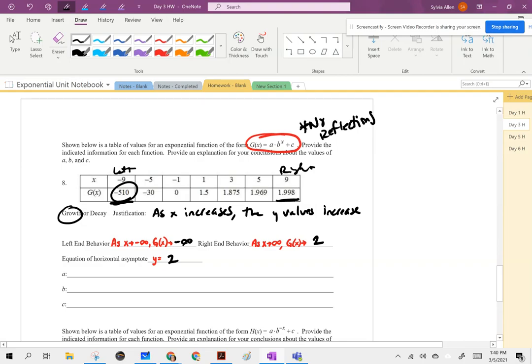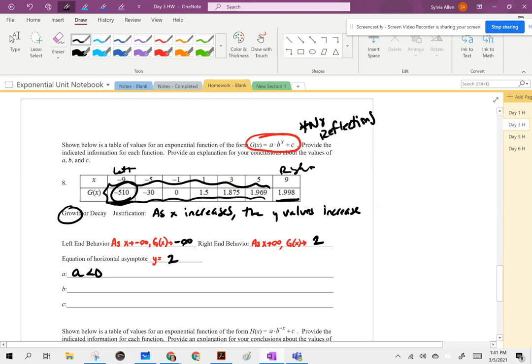All right, so we have to take a look and see, are all of these y values, okay, we're trying to determine what the value of A is. Is it positive or negative? So if I take a look at these, are all these previous y values smaller than 2 or bigger than 2? And it looks like all of these are smaller than 2.